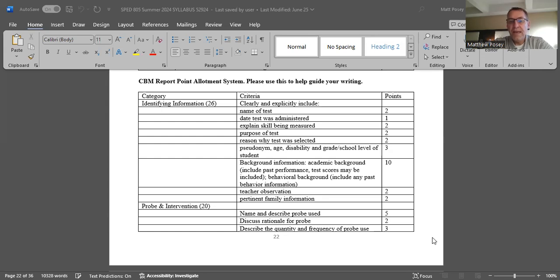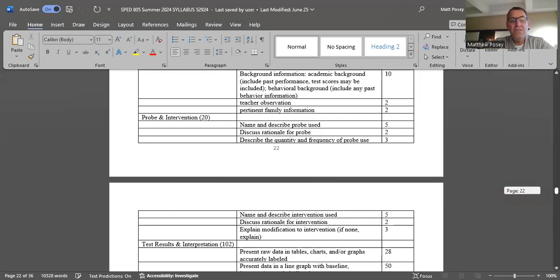One of the new sections that we have is the probe and intervention section. So we want to remember to include this in our report. It is one of the new sections that I mentioned. We want to make sure that we name and describe the probe used. Remember, the probe is just a different term for the assessment instrument. We want to discuss the rationale for using that particular probe.